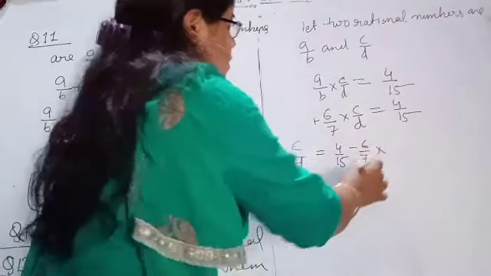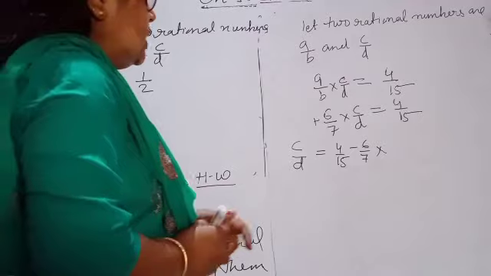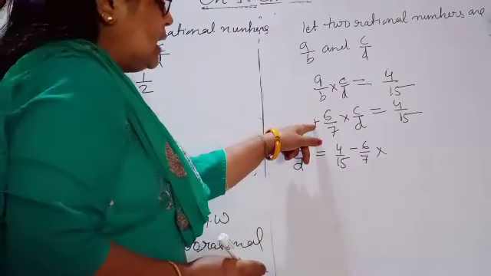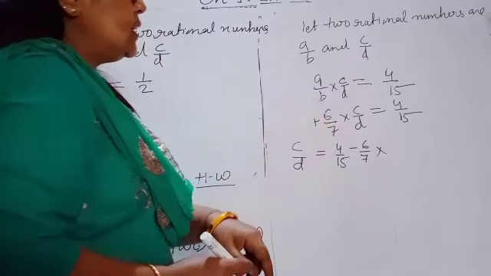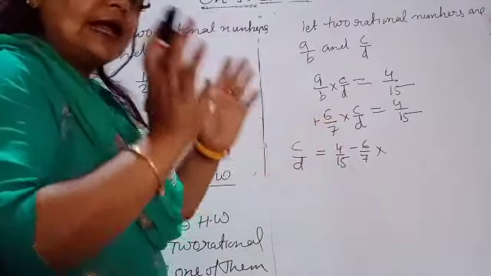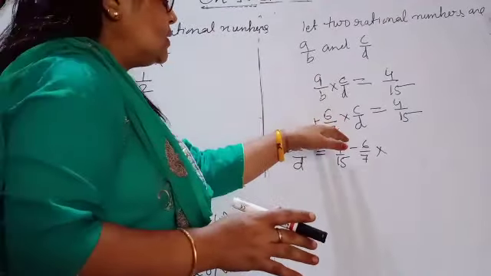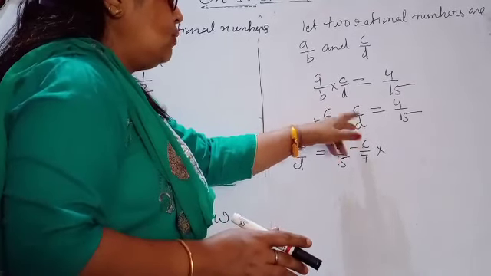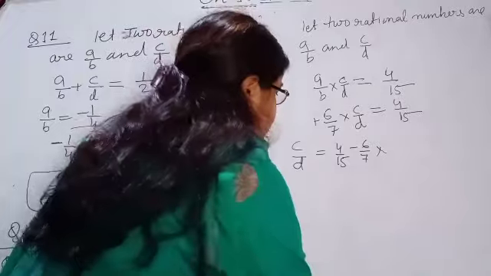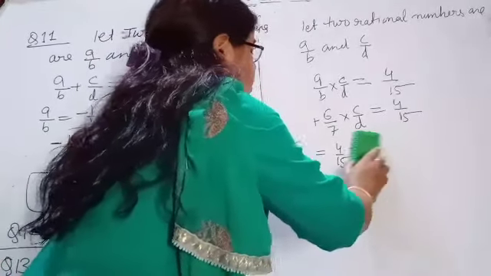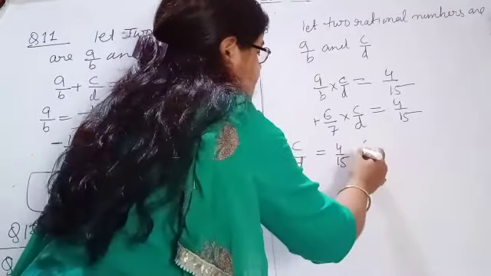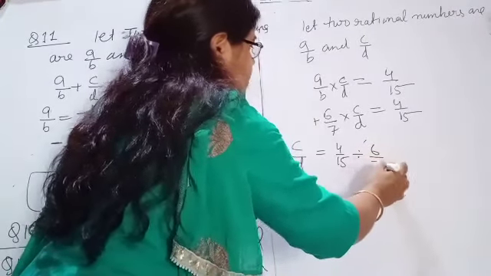That is wrong, because here it is not an addition or subtraction sign. That can be done only in the case of addition and subtraction. Here the sign is into, so the number multiplying the unknown value will go to the other side as division. It will be 4 upon 15 divided by 6 upon 7.